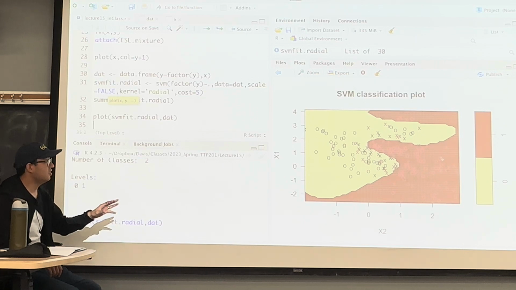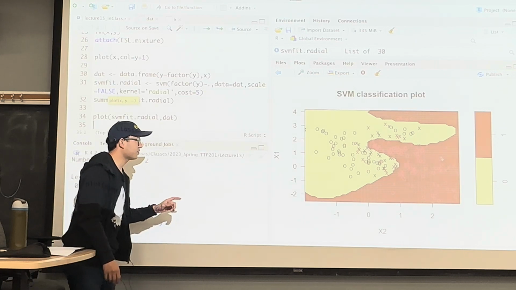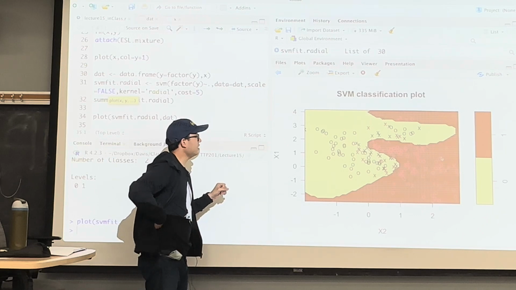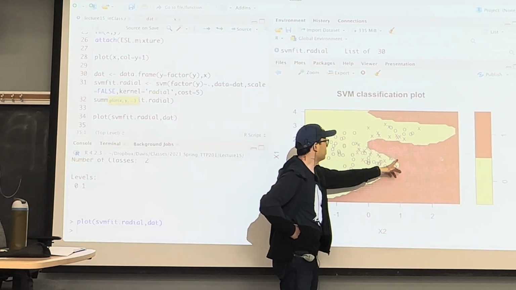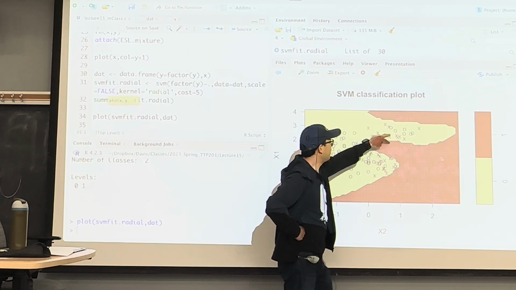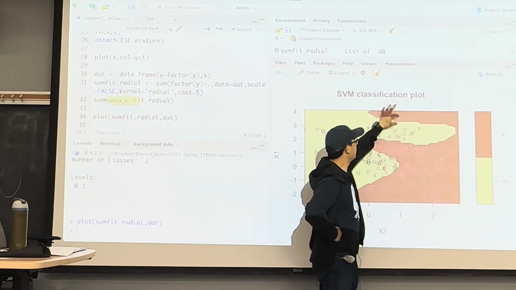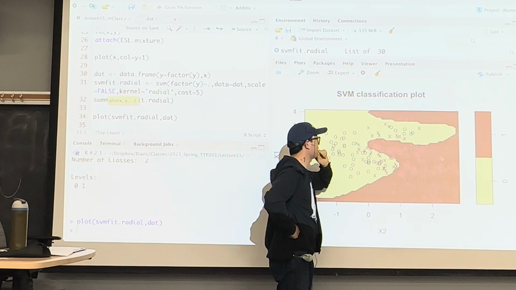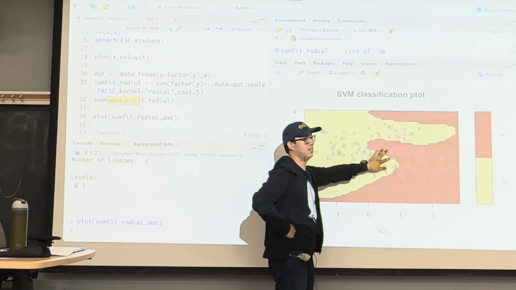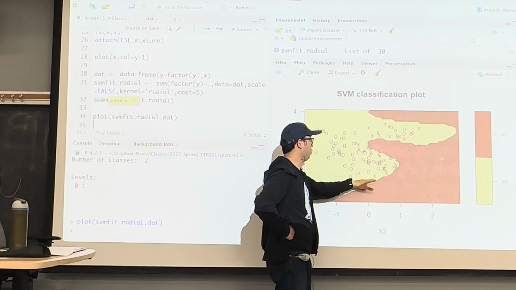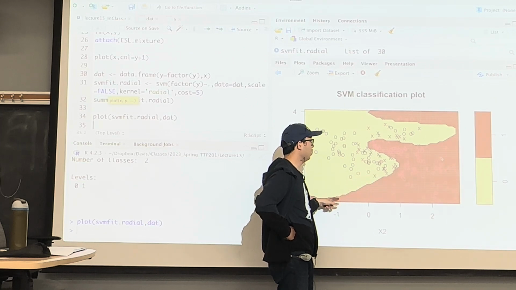So this is what it looks like here. And you can see all of the X's that are around where the X's are kind of what's defining the shape of our hyperplane.